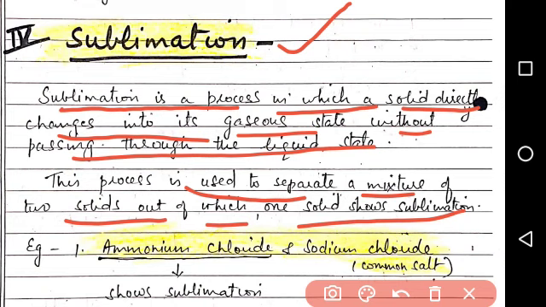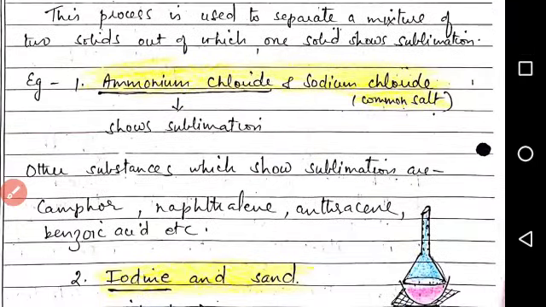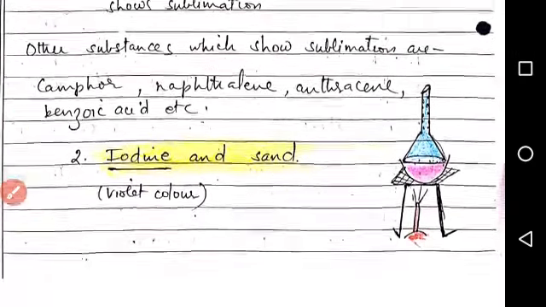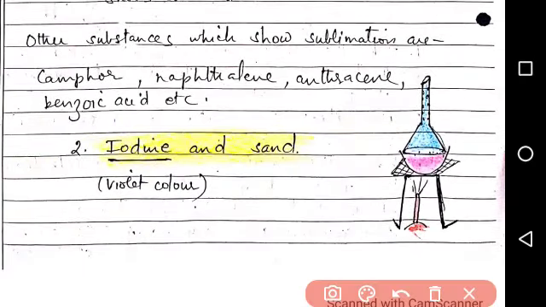For example, ammonium chloride and sodium chloride can be separated by sublimation because ammonium chloride shows sublimation, whereas sodium chloride does not. Similarly, other substances which show sublimation are camphor, naphthalene, anthracene, benzoic acid, etc.